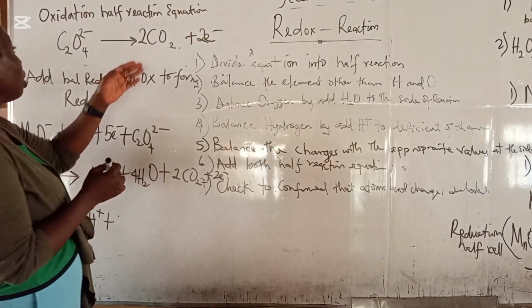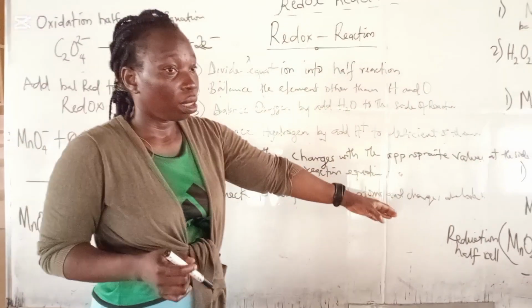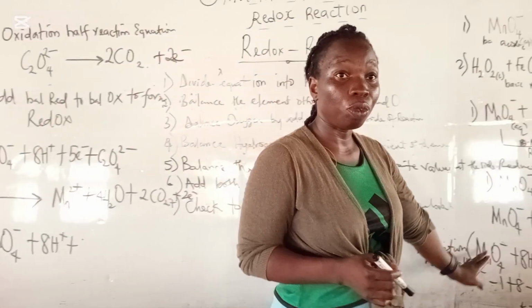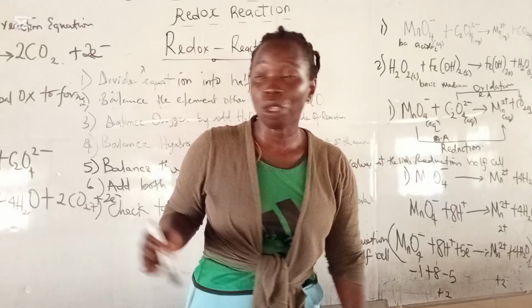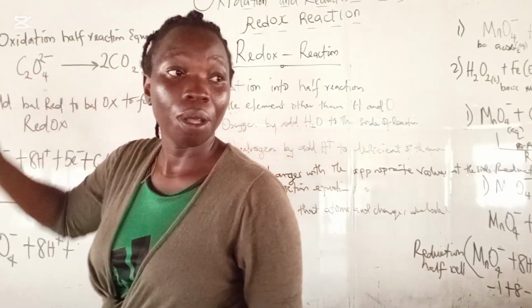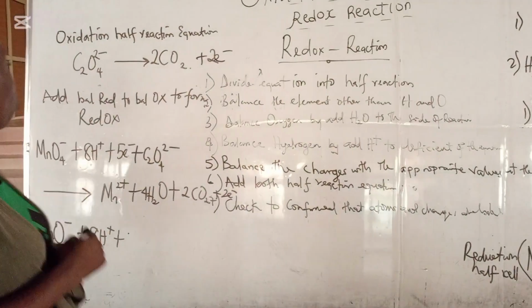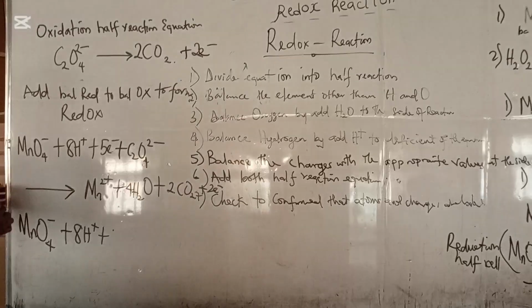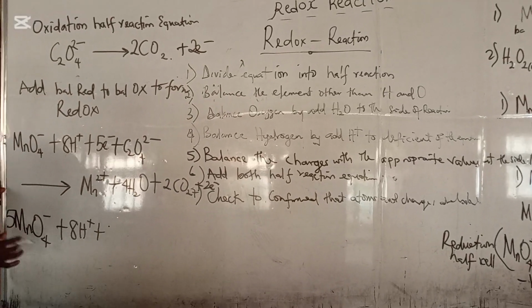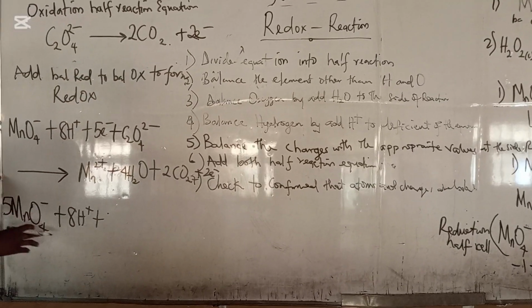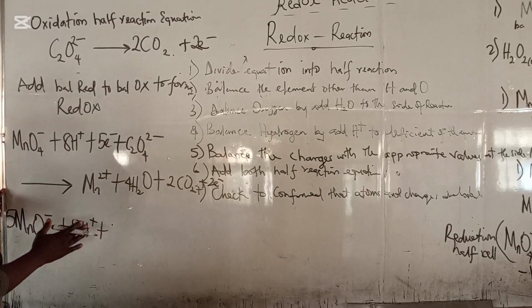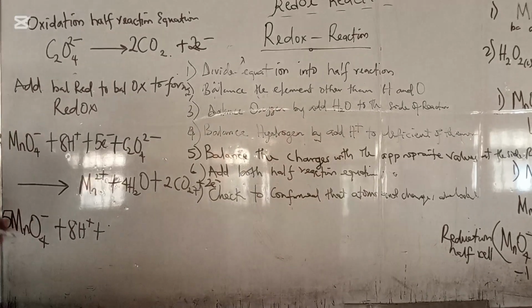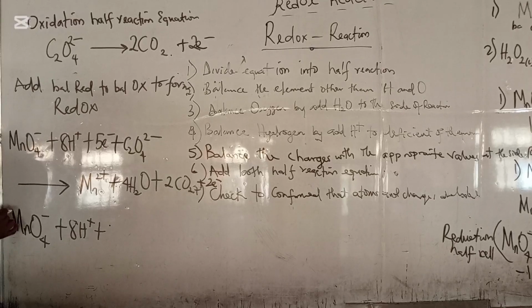So how do you balance it? It means you will multiply the first one, which is the reduction half cell, by 2. And you multiply the oxidation half cell by 5. And when you do that, you will now have 2 MnO4 minus, because you are multiplying by 2.